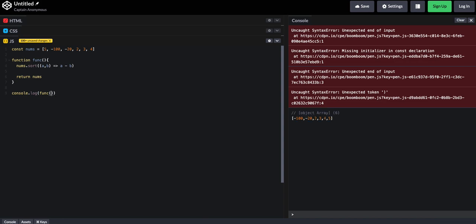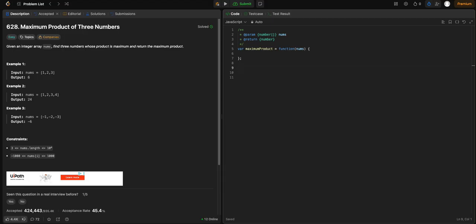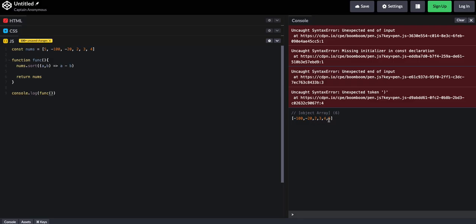All right, so now we have our sorted array, and we have, like I said, two possible solutions. Either this times this times this, so the first two elements times the last element is going to be our greatest product, or the last three numbers, so they're all positive, is going to be the greatest product.